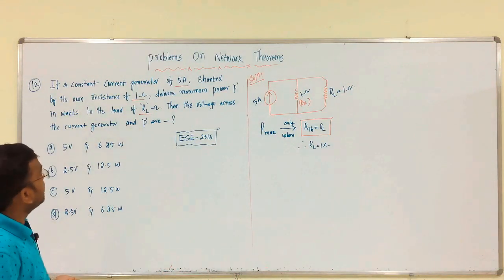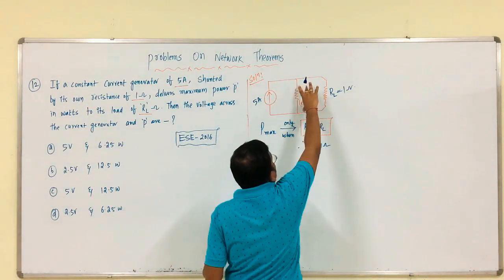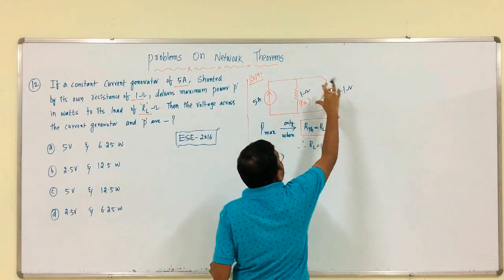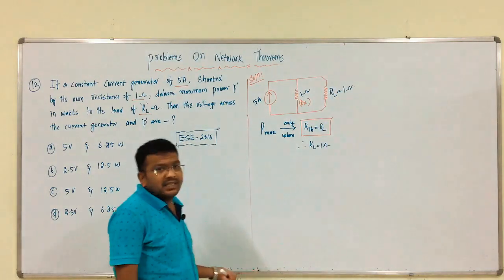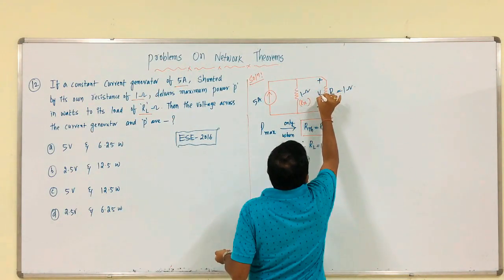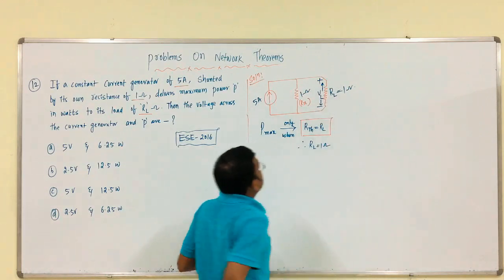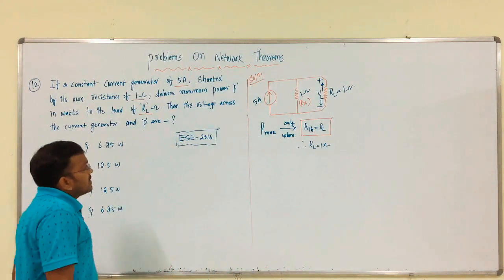Then we have to calculate the voltage across the current generator, means across this point, between these two terminals, means across the load we have to calculate. That is plus minus VL. We have to calculate VL, and then P max.